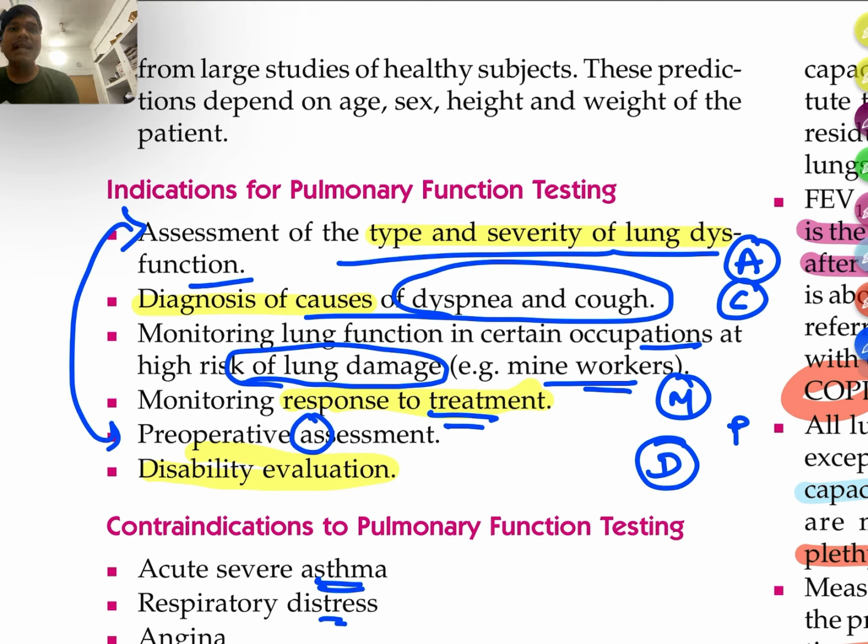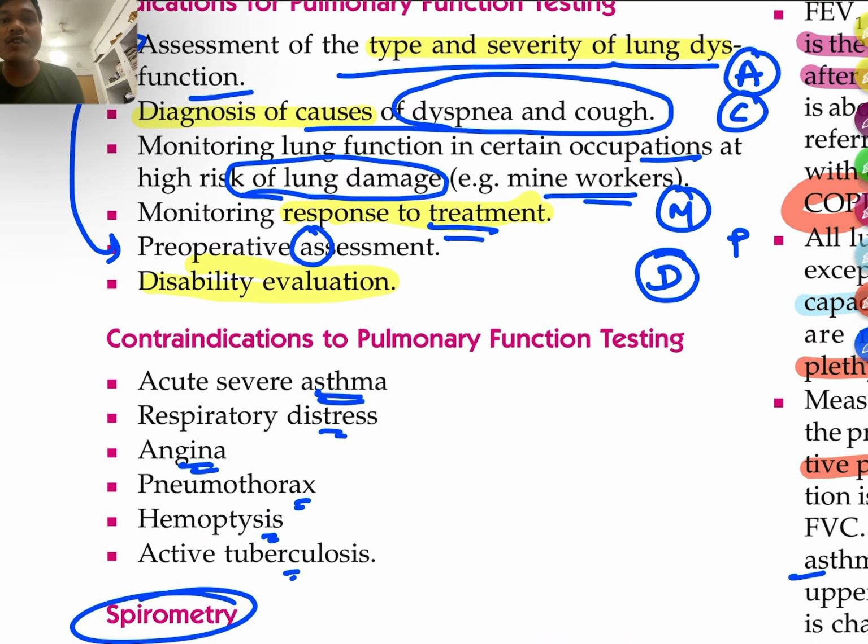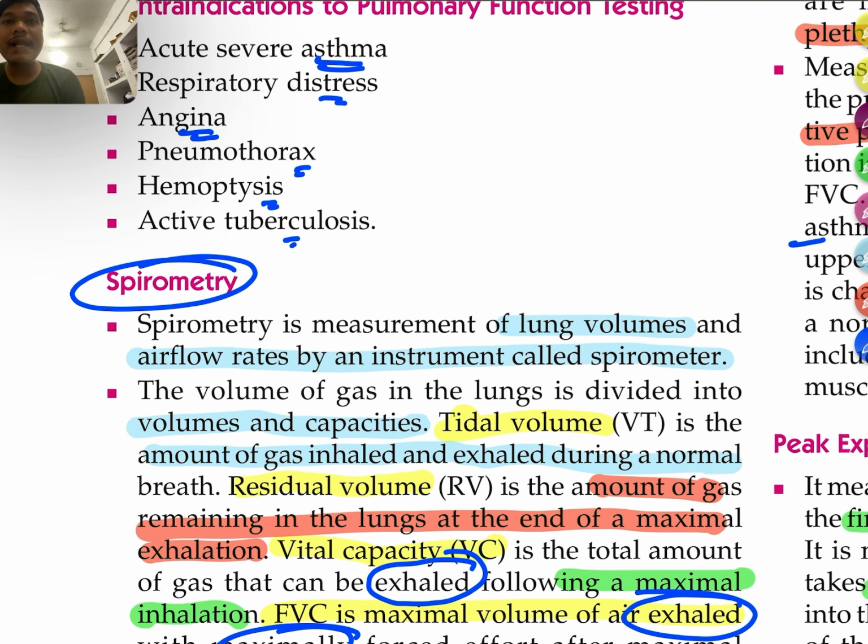Pre-op assessment, assessment of severity, diagnosis, the effectiveness of our treatment, and monitoring lung function. Regular screening is done in the case of workers. Its contraindications are asthma, pneumonia, pneumothorax, angina, respiratory distress, as well as active TB.